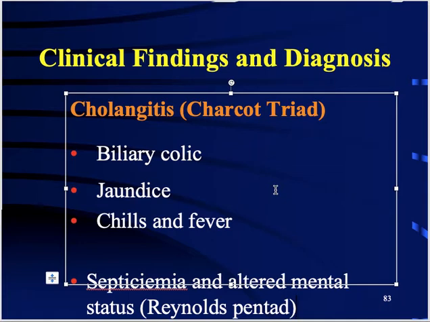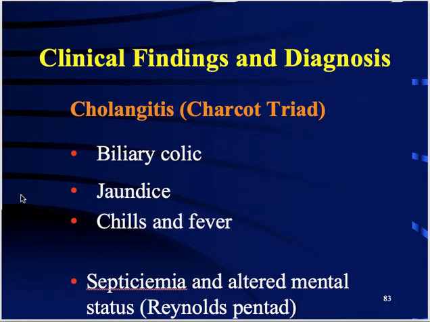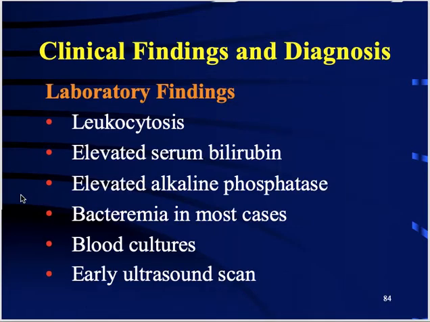Okay, so these are the clinical features of cholangitis. Very easy to remember. Of course, then we will go for the investigations. We will do the bloods, we will do the CBC. You will find leukocytosis, the white blood cells will be increased.